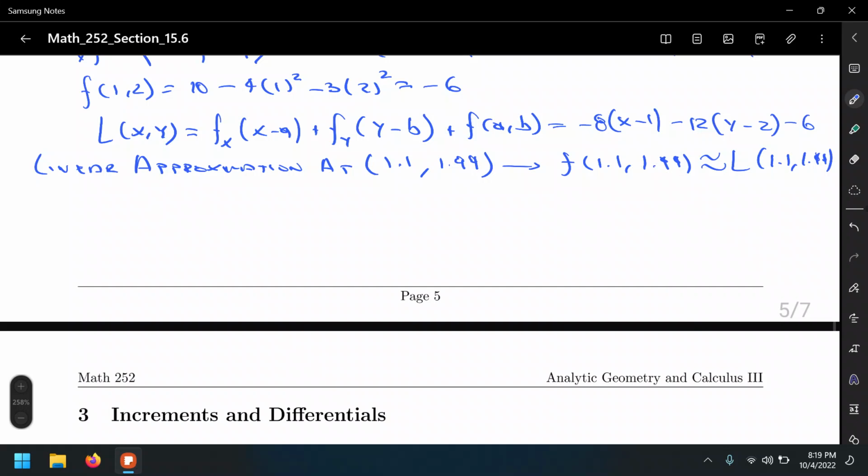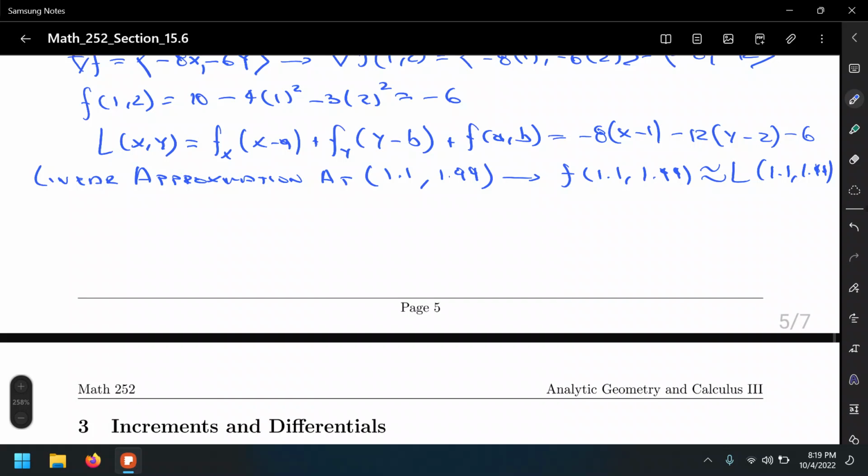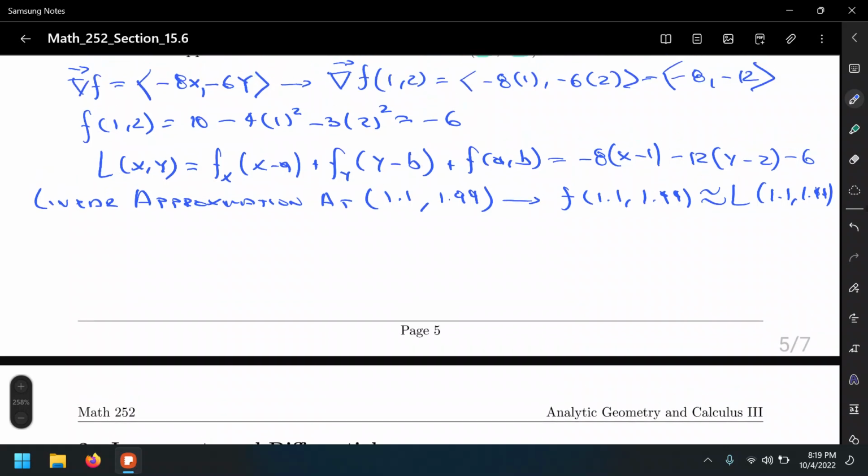All right, so what do we do from here? Well, let's use that equation of the plane right here and plug in the corresponding value of x, 1.1, and the corresponding value of y, 1.99. So this will be L evaluated at (1.1, 1.99). This will be negative 8 times (1.1 minus 1), minus 12 times (1.99 minus 2), minus 6.